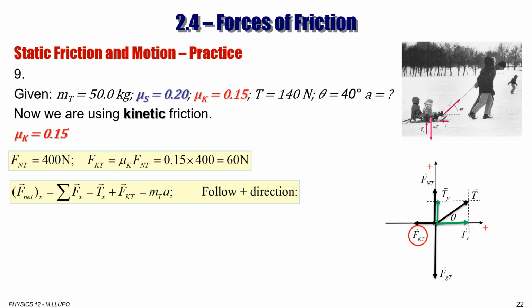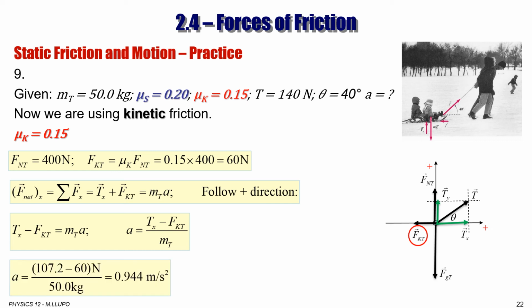From here, we can calculate acceleration as Tx minus Fkt over mt. We can supply numbers: 107.2 minus 60, not 80, 60, because that is kinetic force of friction, divided by 50 kilogram, that's the total mass, is equal to 0.944 meter per second squared, or 0.94 meter per second squared.